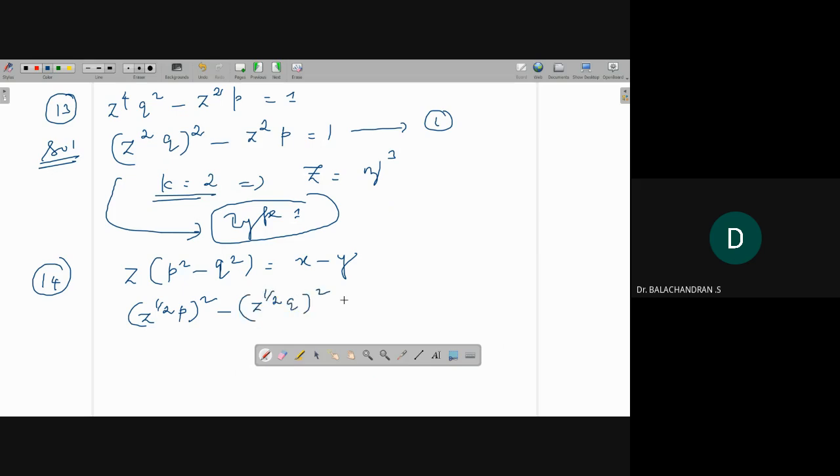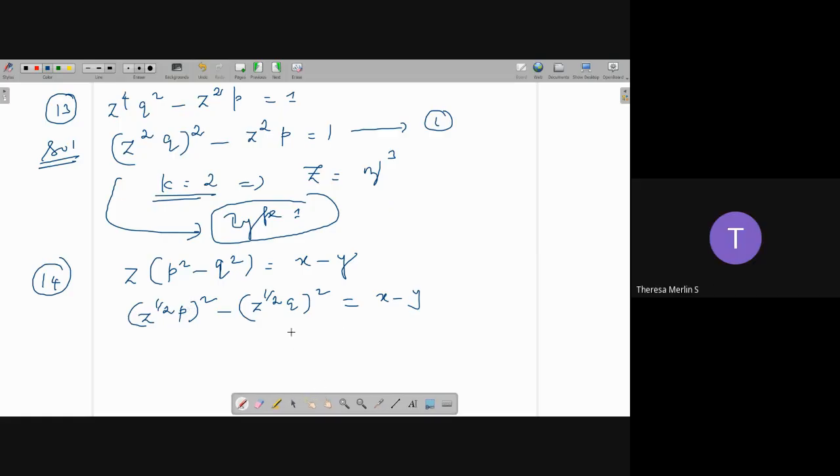Is it correct? Yes, sir. Because first you need to multiply z into p square, the coefficient of p is always 1. Now what is the value you can find? K is equal to 1 by 2. Very good.